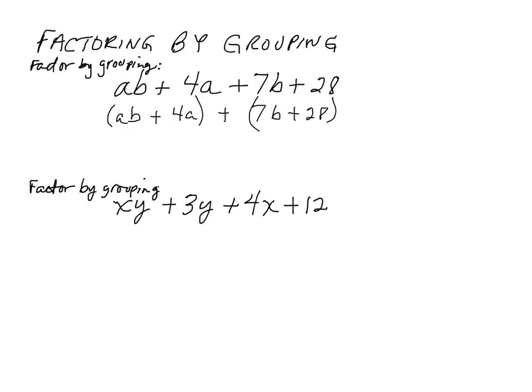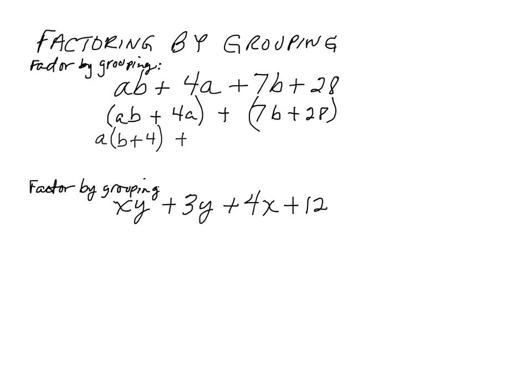So watch what I do here. Looking at the first binomial, ab plus 4a, can't I factor out an a from that? If I factor out an a, what it leaves me with is b plus 4. I factored away the a.